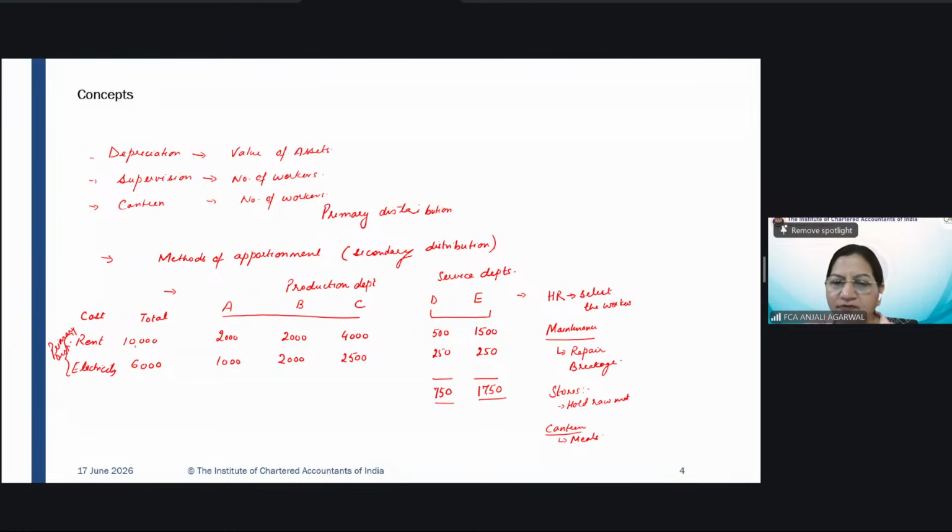So this 750 and 1750 must again be charged to Departments A, B, C. Now, how do we charge this? When you charge this 750 and 1750 amongst A, B, C, that portion is called secondary distribution.